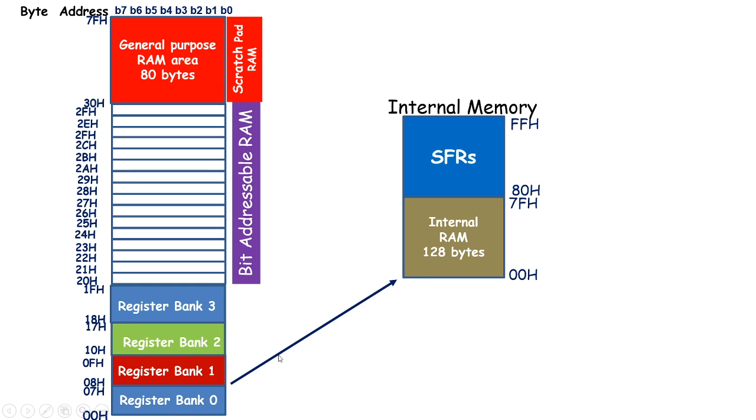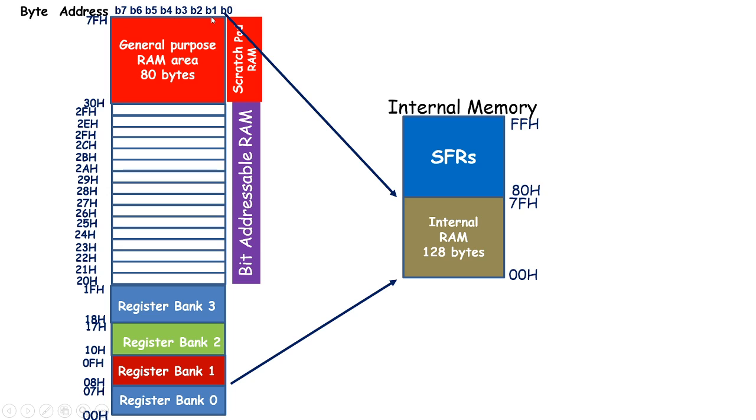So these are the internal memories, starting address 00H: register bank 0, register bank 1, register bank 2, register bank 3. So these are the 4 banks and their addresses, ending at 7FH. This 128 bytes is 8 bit.